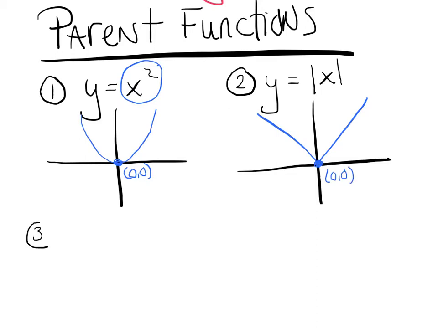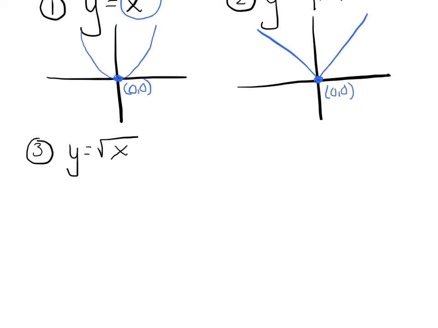The third parent function would be y equals radical x. Okay, this one too starts at 0, 0 and grows nice and slow like this.